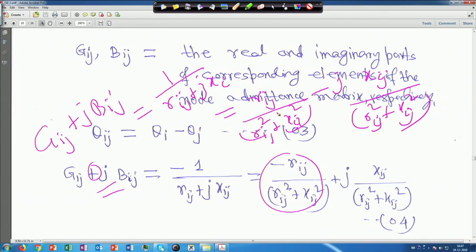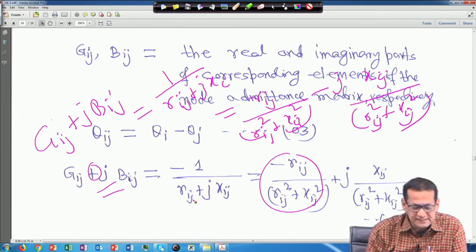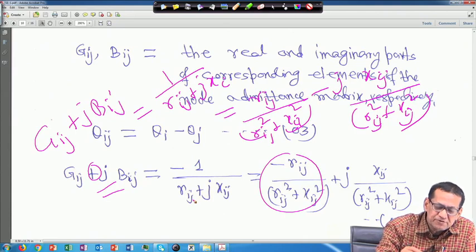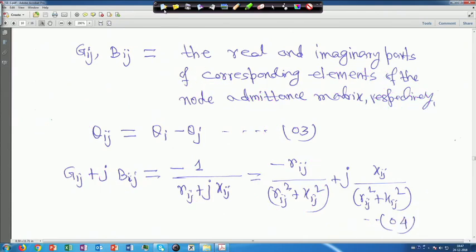In that case, for simplicity, suppose we neglect r, because for a transmission line r is very small compared to x. So let us neglect r. If you neglect r, then g should not be there.